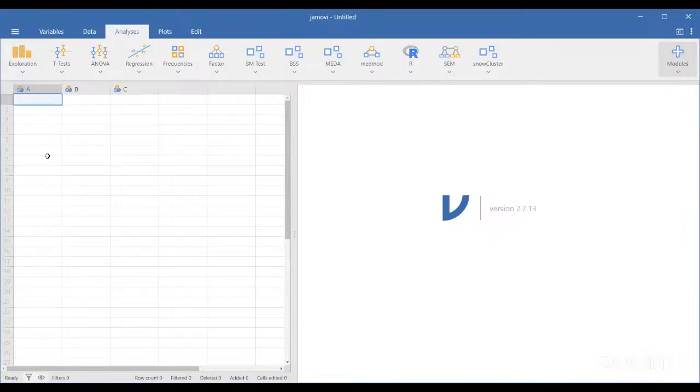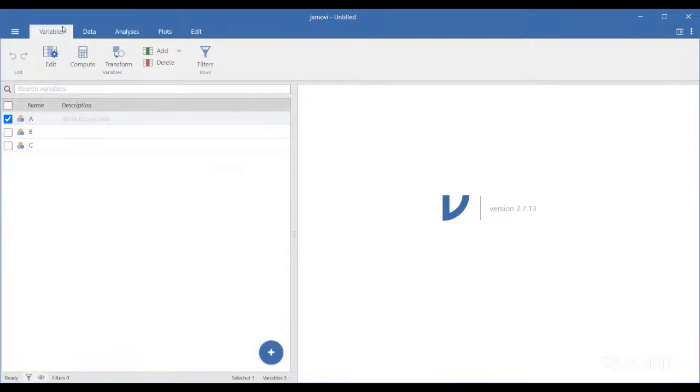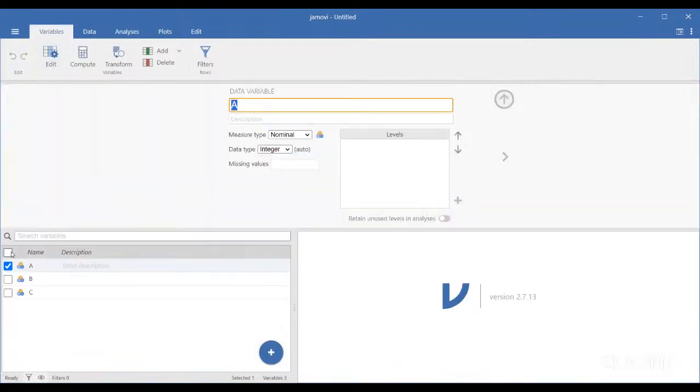So you click the variables, then edit. It is written A first. So A will be name.